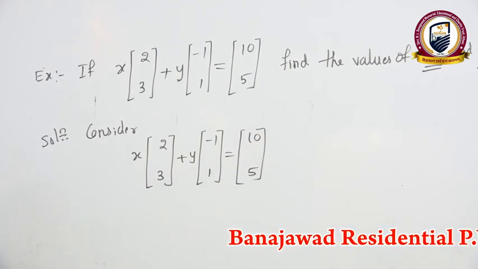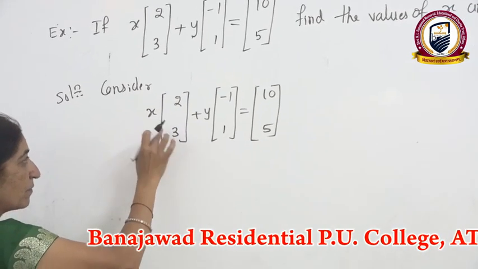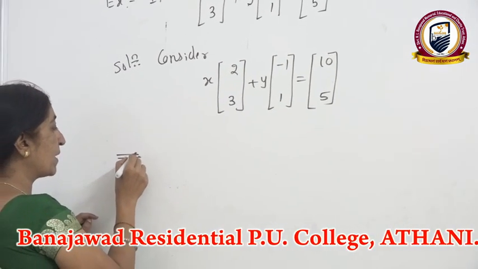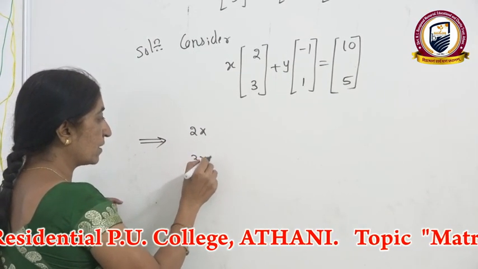After rewriting, here they are scalar multiplication. The first matrix elements are multiplied with what? They are multiplied with x. So what is it then? 2x and this will be 3x.